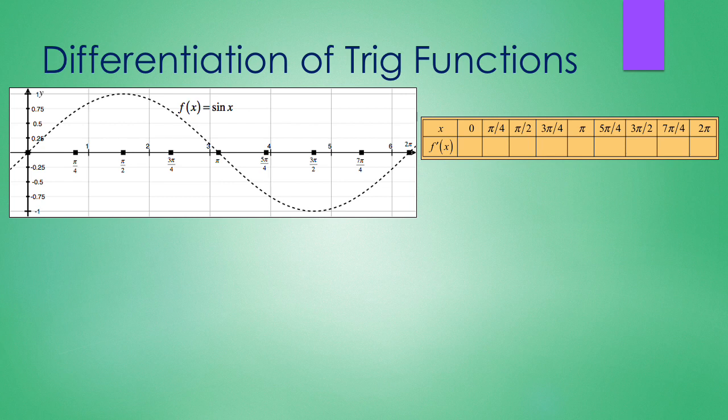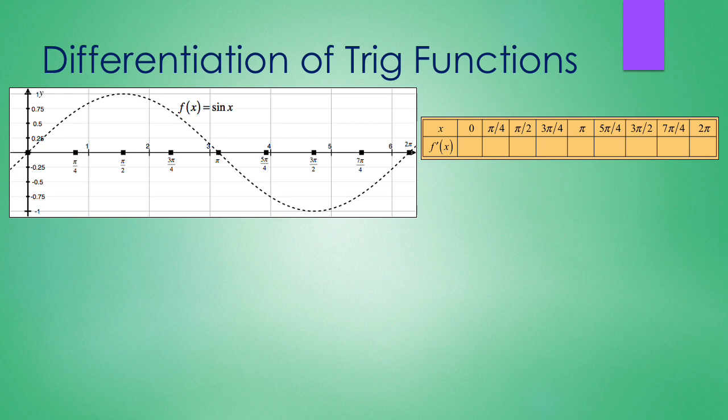On page 47, there's a graph of f of x equals sine of x that is also shown on the slide. On this graph, draw the tangent lines to the curve at x is equal to 0, pi over 4, pi over 2, 3 pi over 4, pi, 5 pi over 4, 3 pi over 2, 7 pi over 4, and 2 pi.